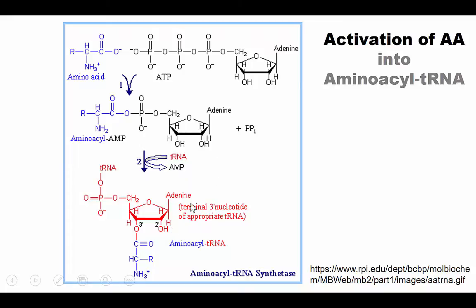So this adenine group at the end position of a tRNA is not the same adenine. So this has been used as an activating group and just loading of this amino acid, and then transfer of this onto tRNA, and then AMP is removed. Okay, so this is how the amino acid tRNA is synthesized.